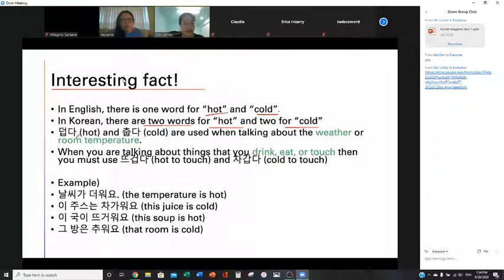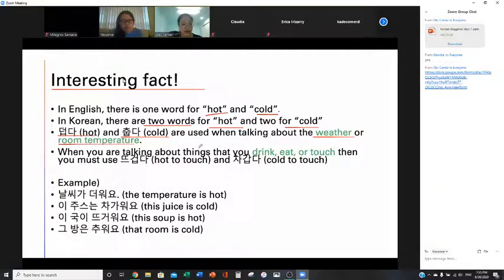When you're describing weather or room temperature, whenever you want to say it's cold or it's hot, you will use 덥다 and 춥다. 덥다 for hot, 춥다 for cold. If you change that to the basic form, it will be 더워요 and 추워요. If you want to be more casual, then 더워, 추워.